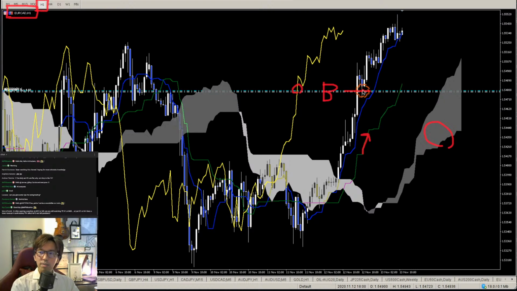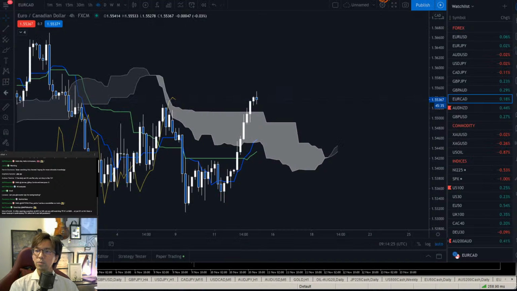Initially the stop loss was below the recent low, which was at this level, and I moved the stop loss to break even when I confirmed this pin bar. When I confirmed this pushback, then I moved the stop loss to break even, and I'm still holding it from yesterday. So that was the brief example.